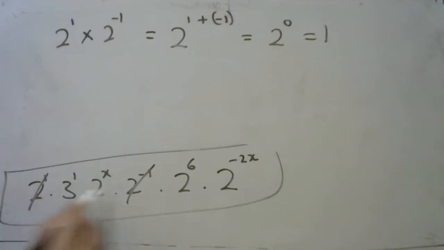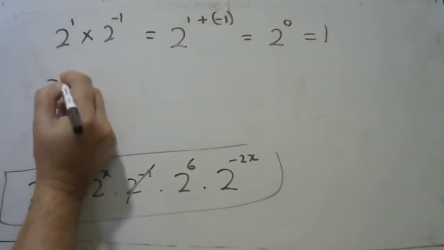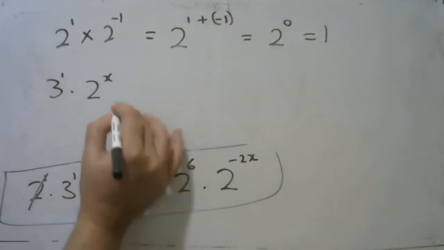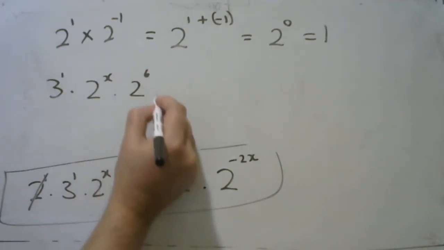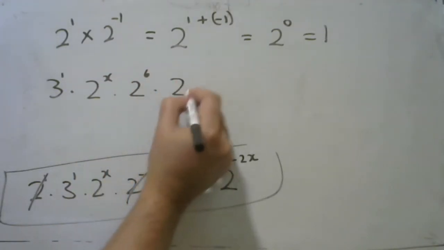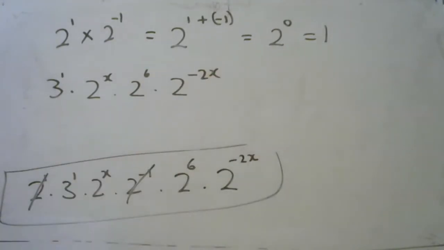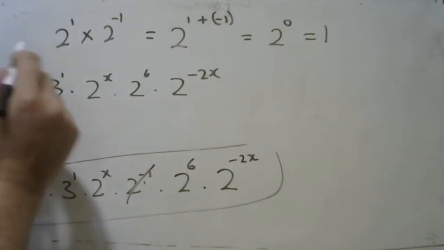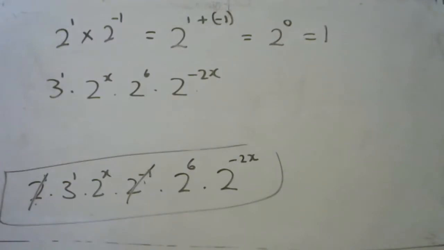So we are left with the remainder here now, right? So we are left with 3 to the 1 dot 2 to the x dot 2 to the 6 dot 2 to the minus 2x. Clear? From here, we cancel out this and this, and we're left with this here.